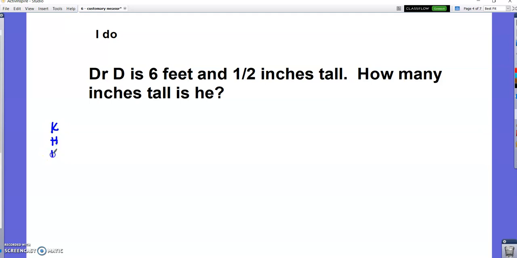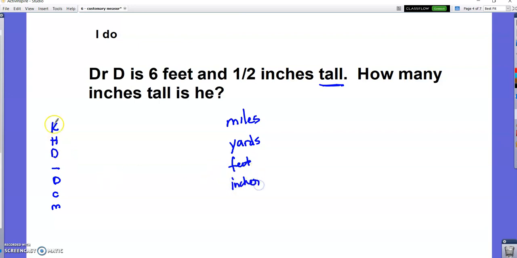I also like to line up all the units I know from largest to smallest. If I'm talking about distance or height or length, the longest unit I know is miles. The next longest unit is yards. The next unit is feet. And the next unit is inches.